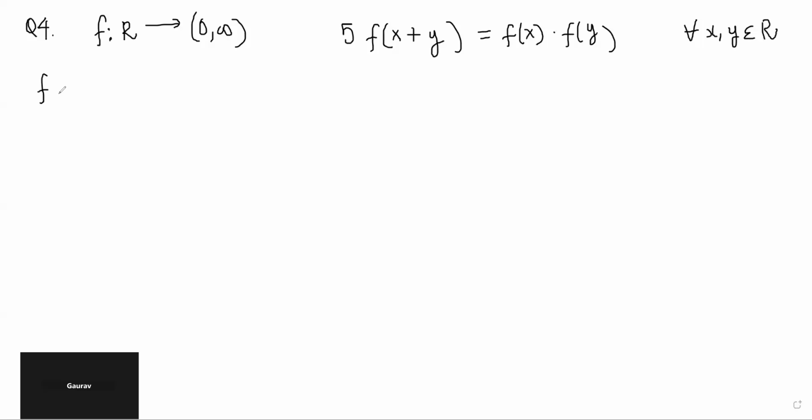Now, if they have said f of 3 is equal to 320, they want you to find the sum of n goes from 0 to 5, f of n.